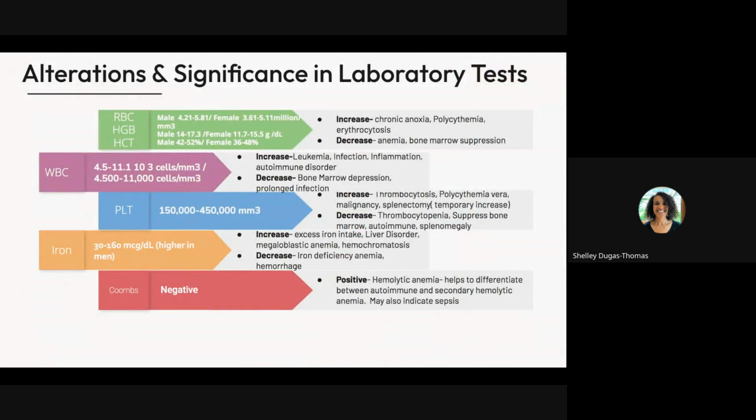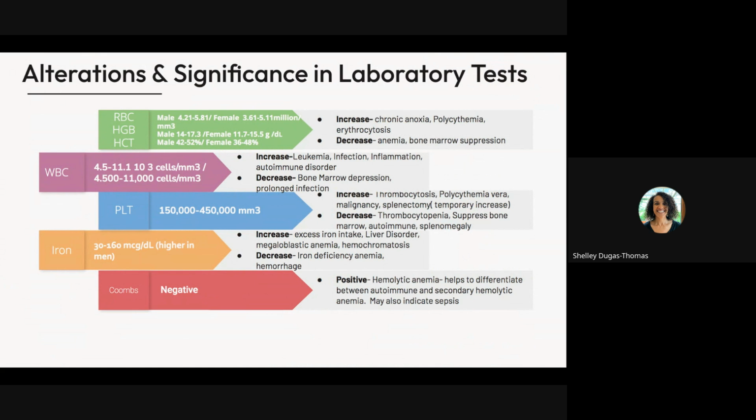So this really lists out all of the very common blood studies that are done. If you have a low red blood cell count, that could mean there's anemia, decreased oxygen carrying capacity. If you have a high red blood cell count, that could mean polycythemia or risk for clotting.